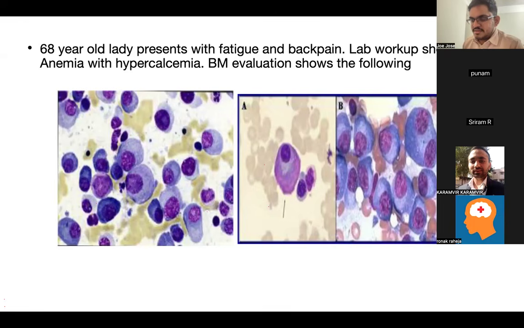Then later I'll go ahead with the autologous transplant, followed by which I'll give maintenance. If it is a high risk patient, that again depends on the risk, sir. If it is a high risk patient, then we have to give, sir, I'm not able to say exactly.